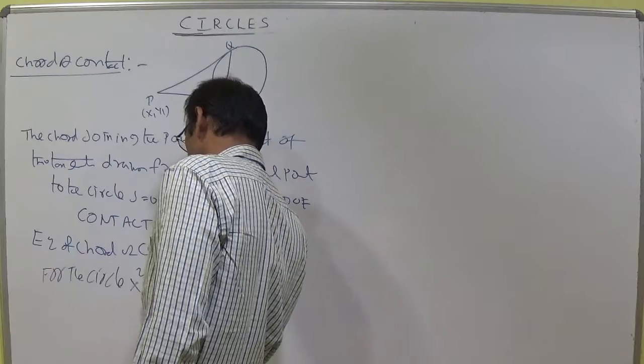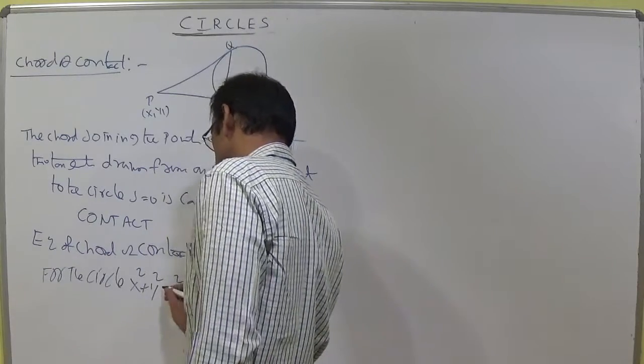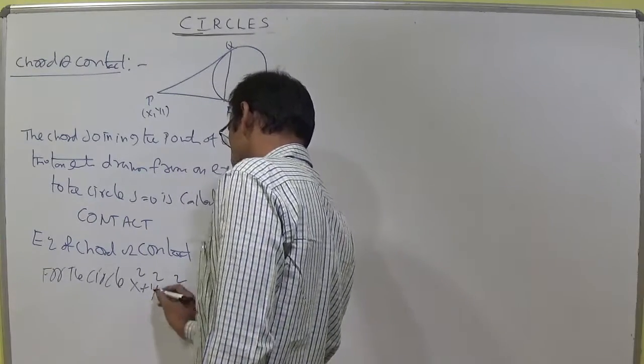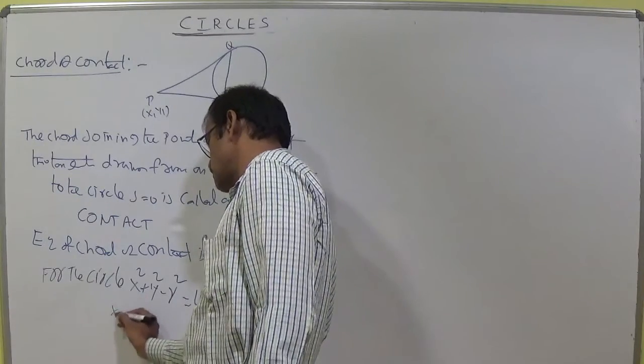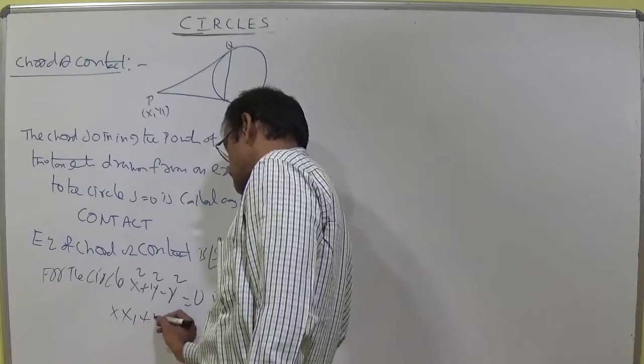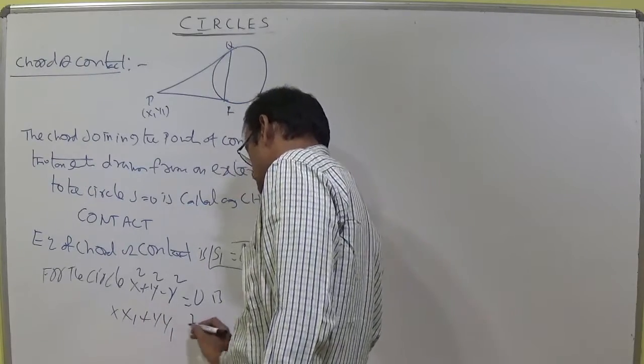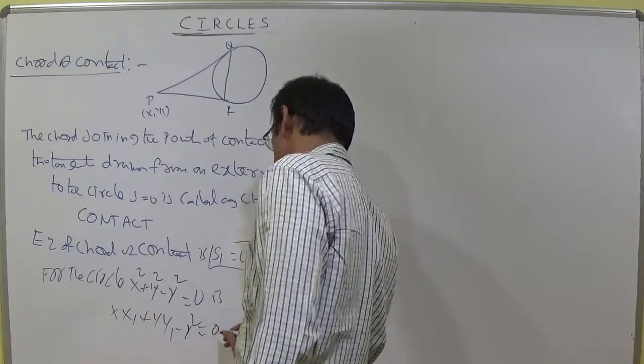Once again I am making you remember the S1 notation. For the circle x square plus y square minus r square equal to 0, it is xx1 plus yy1 minus r square equal to 0.